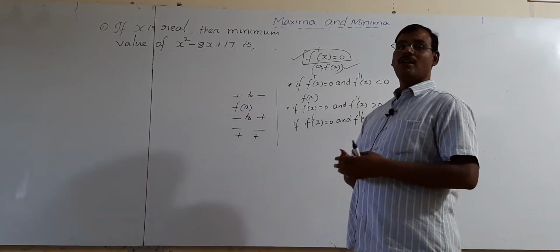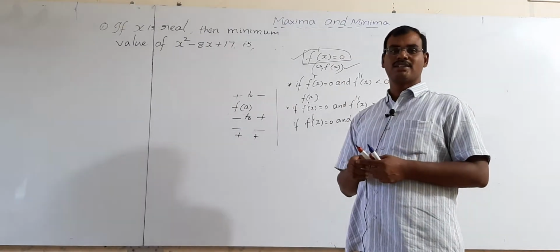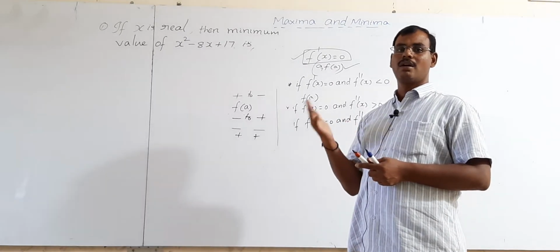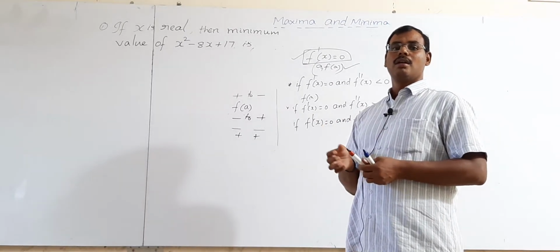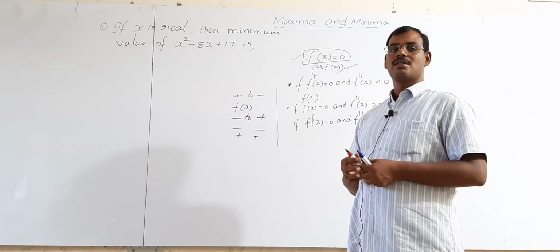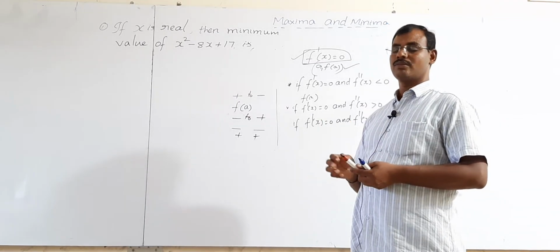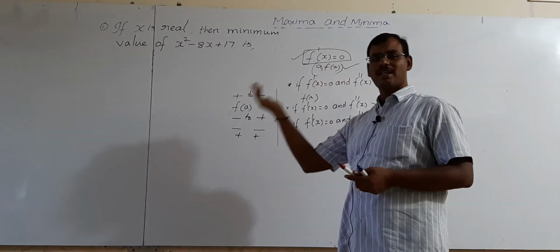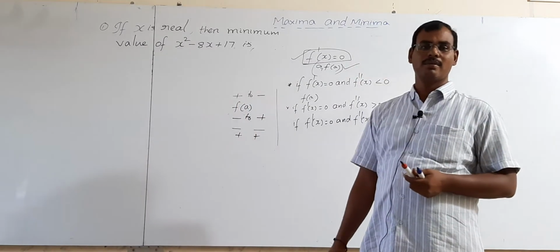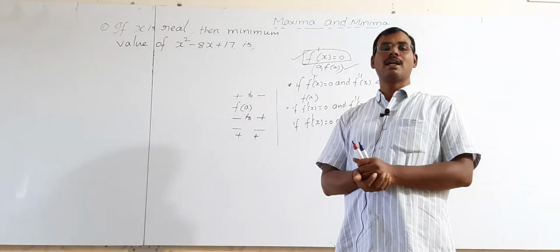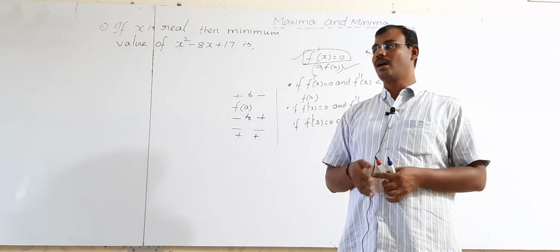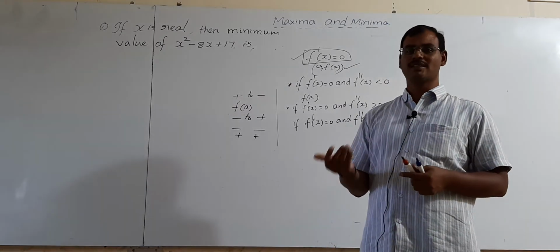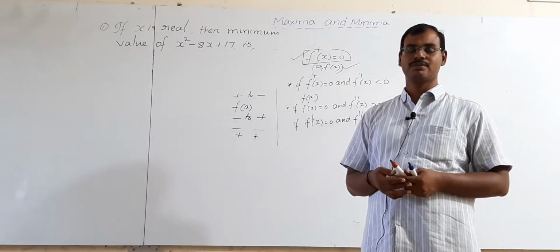And next, what is the absolute maximum? It is also called the global maximum. The maximum of the maxima is called the absolute maximum, global maximum or maximum value.